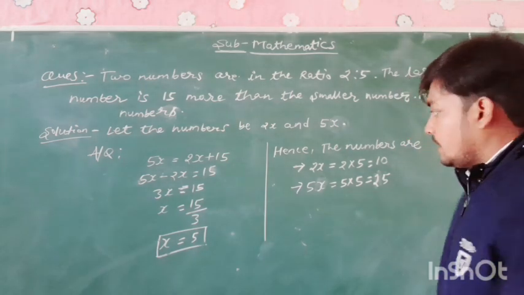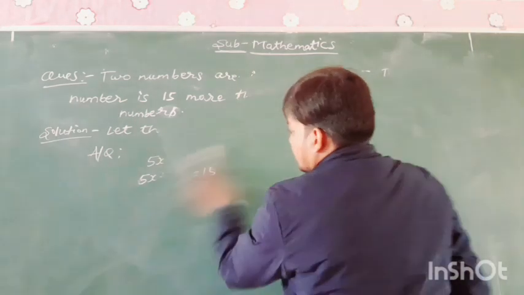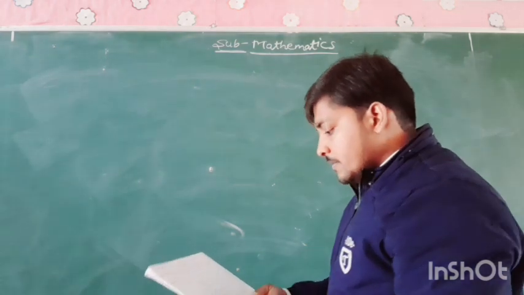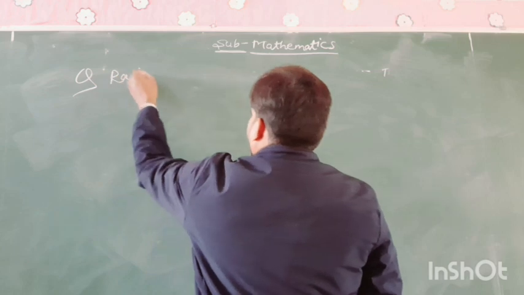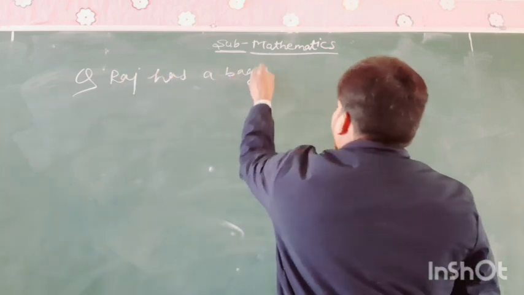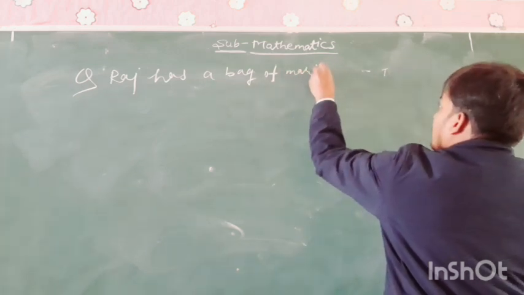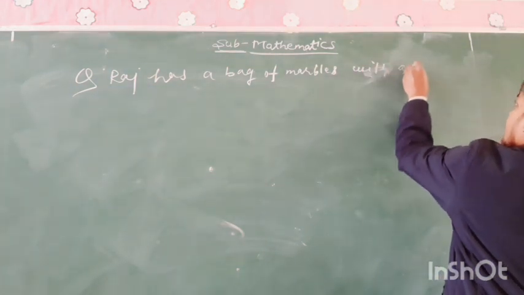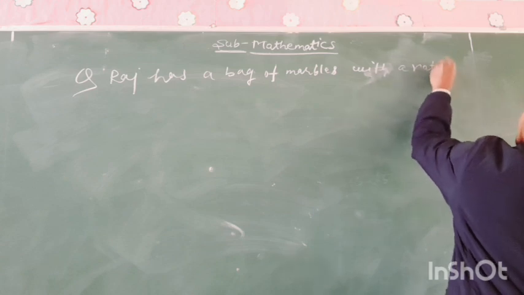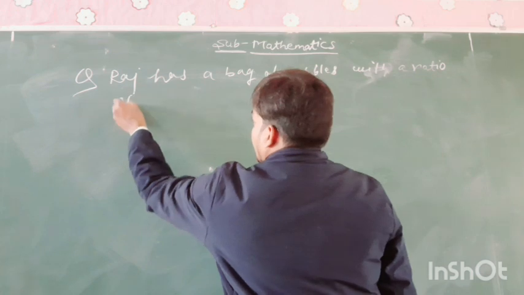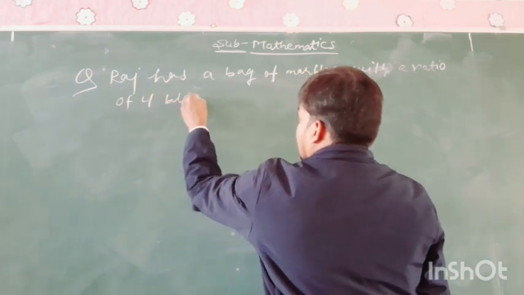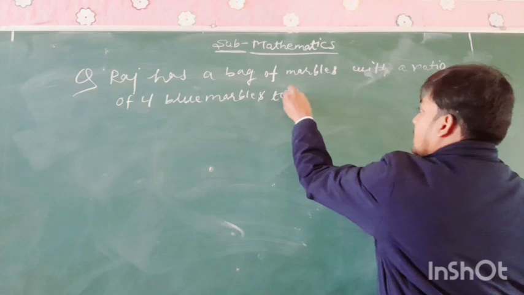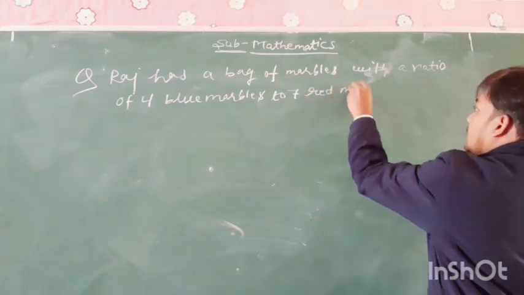Again, question is Raj has a bag of marbles with a ratio of 4 blue marbles to 7 red marbles.